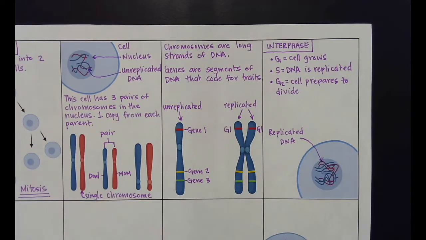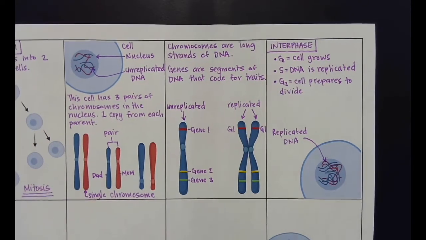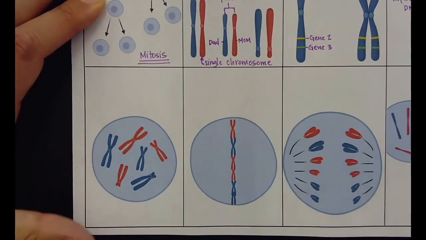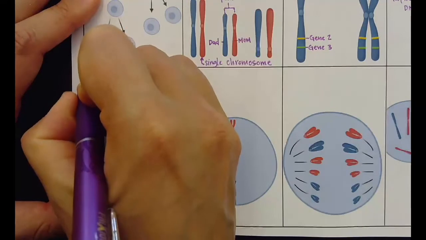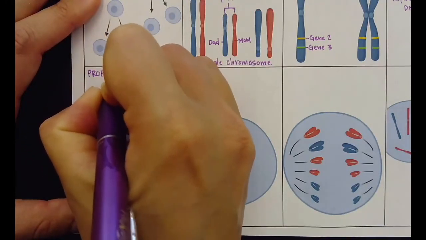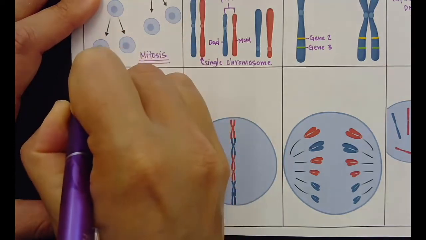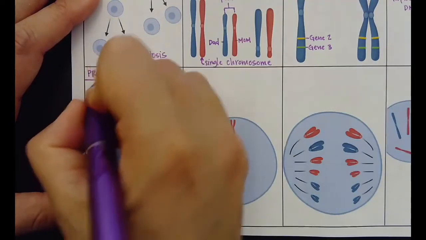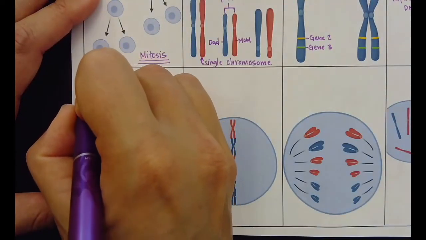Once the cell is ready to divide, it's going to go into the next phase of mitosis, which is prophase. And in prophase, the DNA condenses into chromosomes.